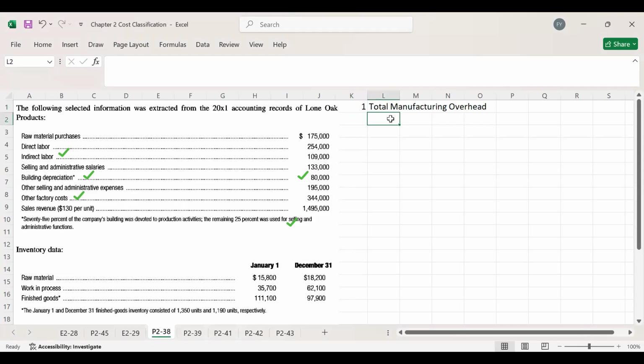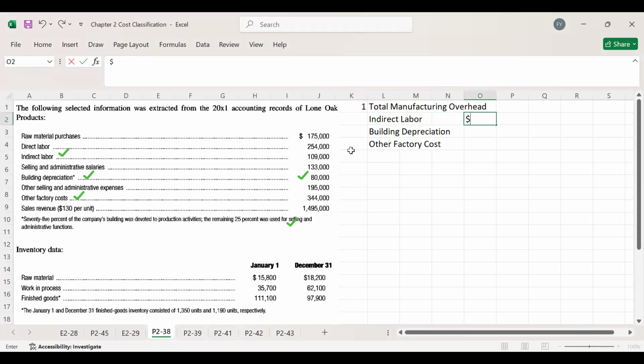Here we have indirect labor, which is given. Then we have building depreciation, and then we have other factory cost. How much indirect labor is given?